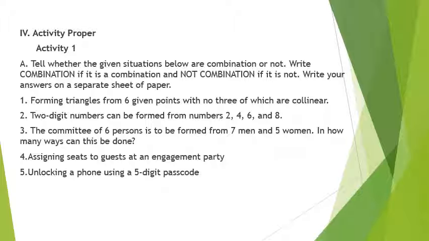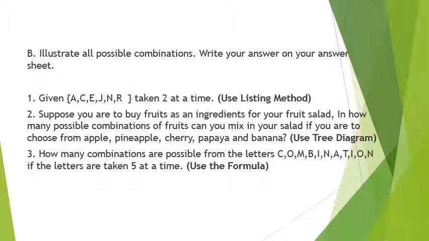Since the lecture cum demonstration method is not child-centered, it makes no provision for individual differences. All types of students, including slow learners and geniuses, have to proceed with the same speed. Activity 1, letter B. Illustrate all possible combinations. Write your answer on your answer sheet. As you can see, in each item there is a specific method that the students will use in order to illustrate the possible combinations.